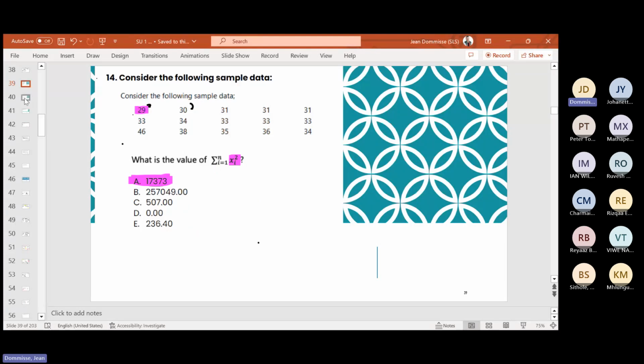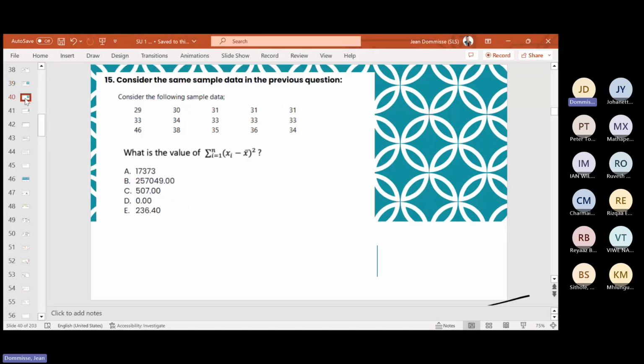Okay, so the next one is very similar. It seems like even the same data. What they've now done, and you can see through these questions, is nearly show you the process of how to, in the end, get to working out the standard deviation or the variance, because those are nearly the formulas we are using.